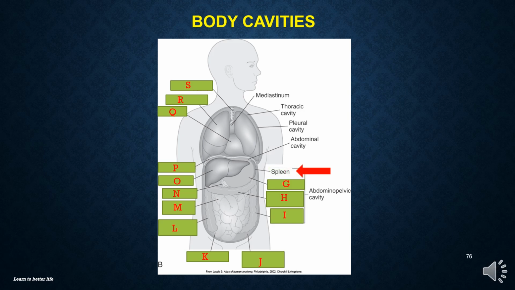F is the spleen. G is the stomach. H is the transverse colon. I is the descending colon. J is the pelvic cavity.